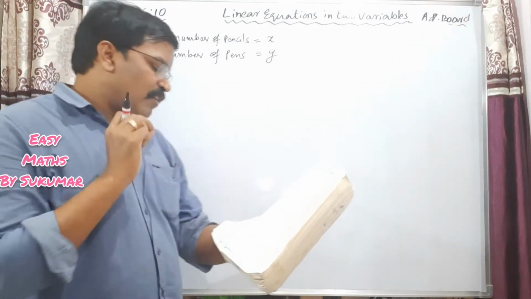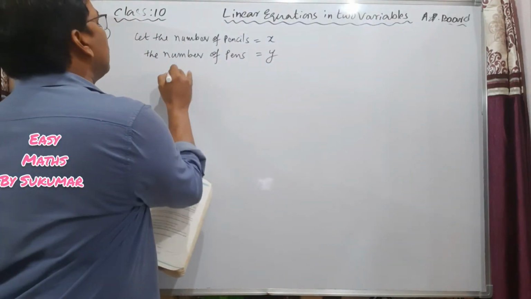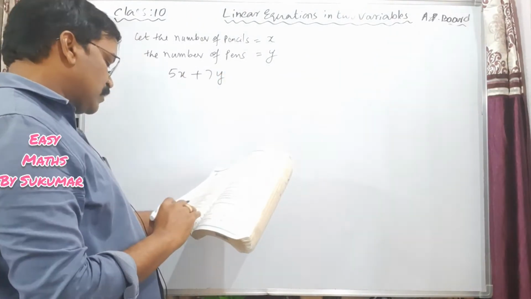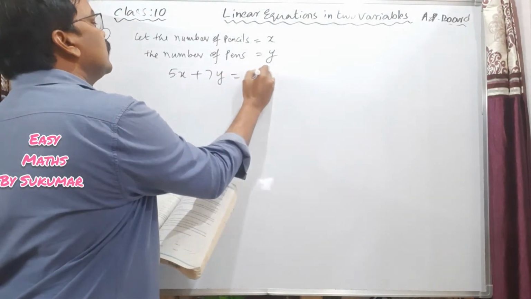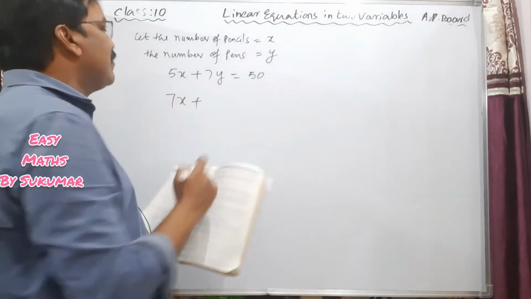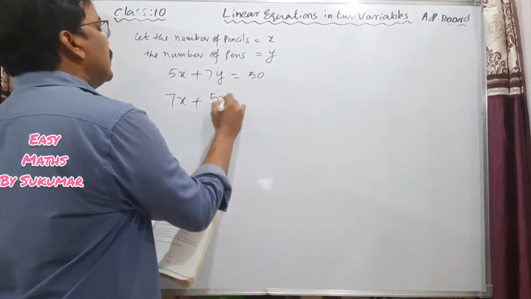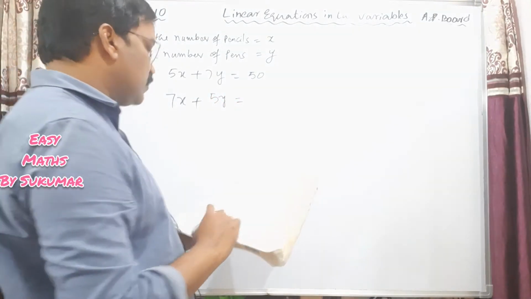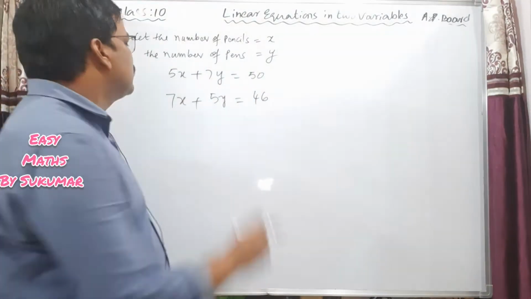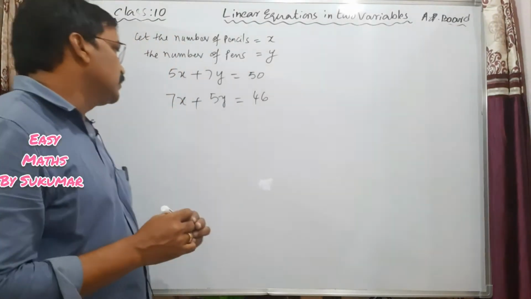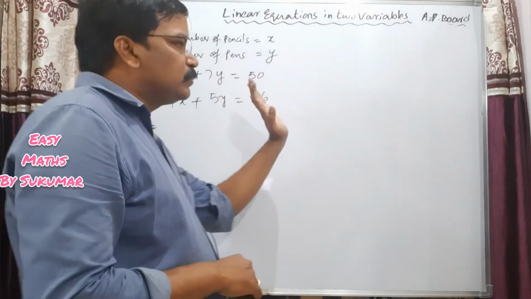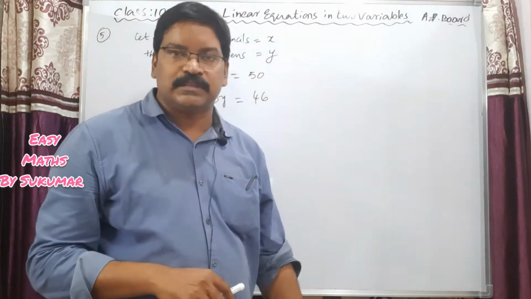Here 5 pencils and 7 pens means 5x plus 7y, which is equal to 50 rupees, whereas 7 pencils and 5 pens means 7x plus 5y, and this cost is equal to 46 rupees. So 5x plus 7y is equal to 50, and 7x plus 5y is equal to 46. Let us do this sum by using the elimination method.